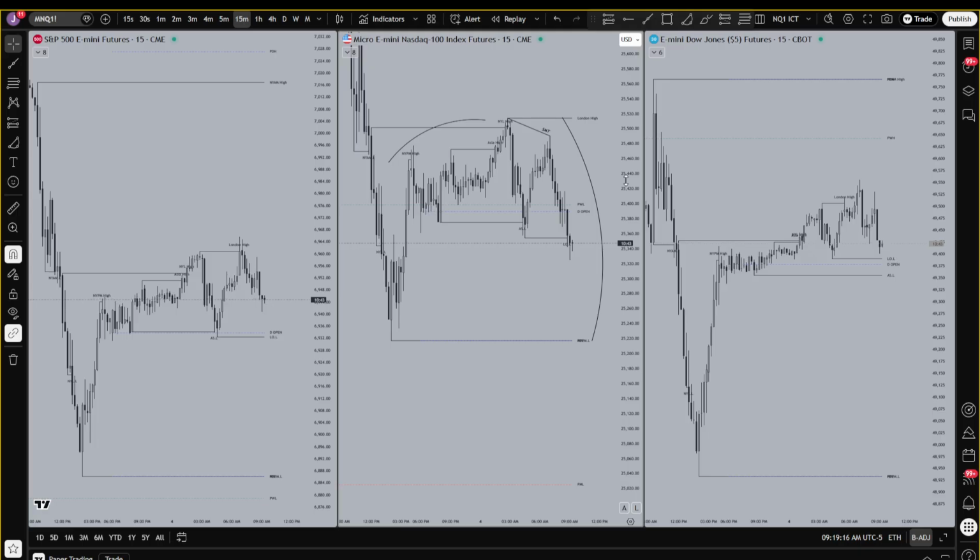No problem. The session liquidity indicator, yeah, it's free. If you look up session liquidity indicator, it's free on TradingView.